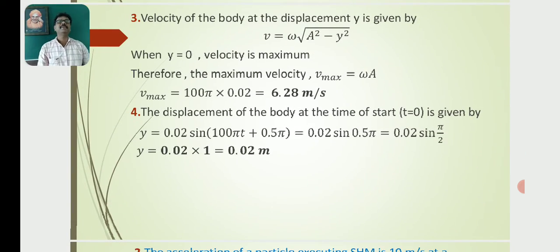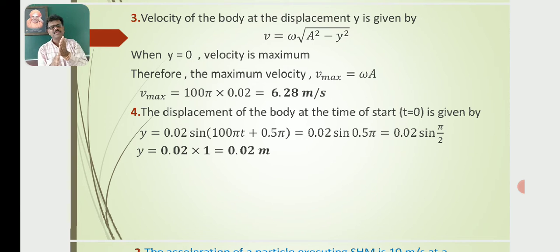Then the velocity of the body at displacement y is given by v is equal to omega into root of (a square minus y square). This is the velocity possessed by the body executing simple harmonic motion, the so-called oscillatory motion. When y is equal to 0, the velocity is a maximum. That means the velocity is a maximum at the mean position and a minimum at the extreme position.